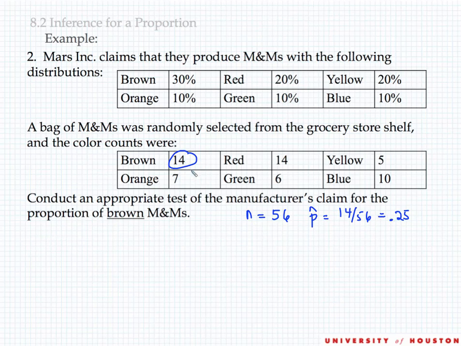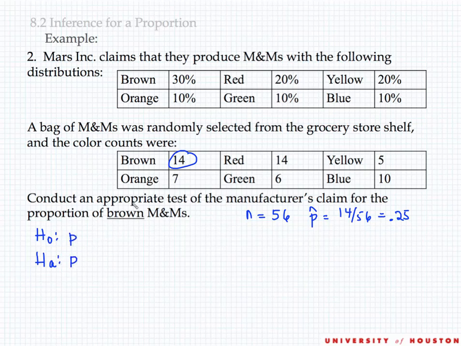We will assume that there are many M&Ms out on the market, so 10 times 56 is definitely less than our population here. We have a simple random sample, our bag of M&Ms. So let's state our null and alternate hypotheses.